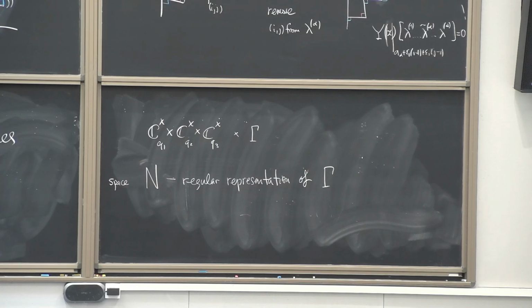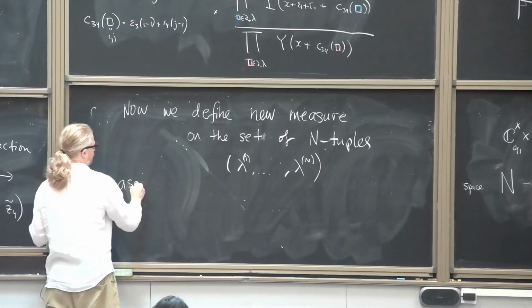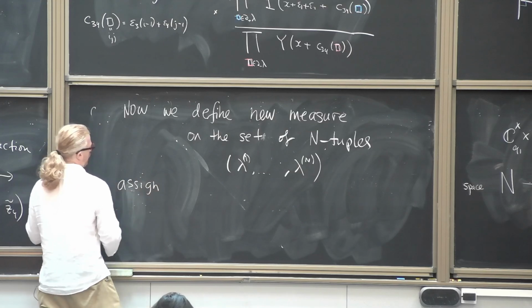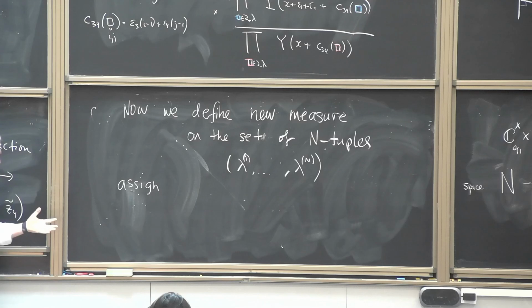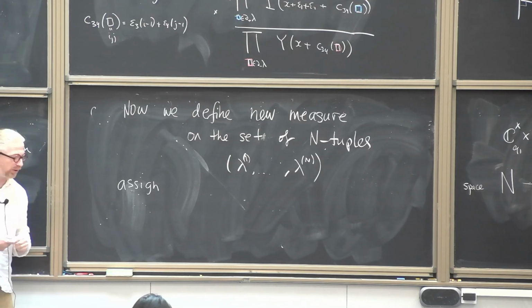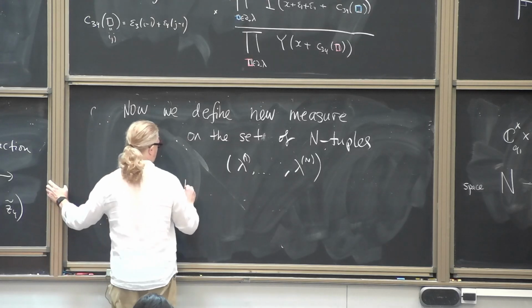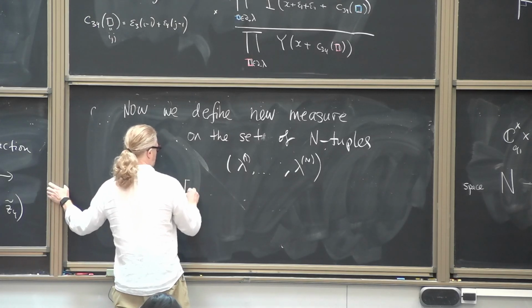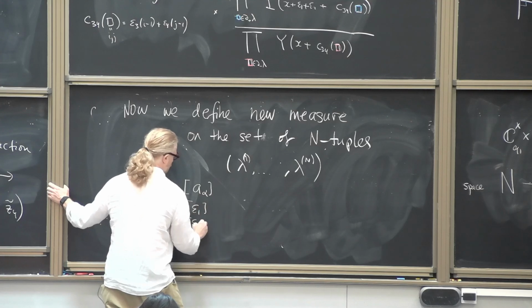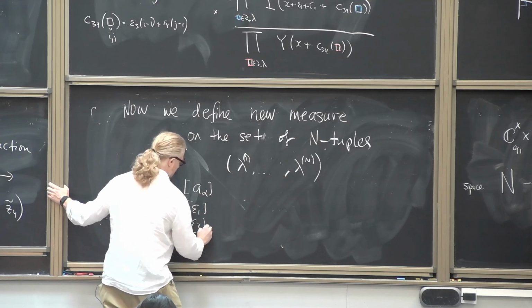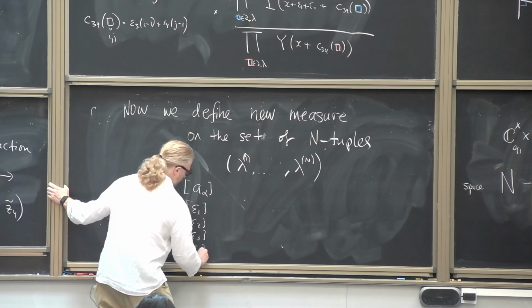Okay, so now the rule is the following. So we now assign some quantity, some quality actually, to the parameters a alpha, epsilon 1, epsilon 2, epsilon 3, epsilon 4.